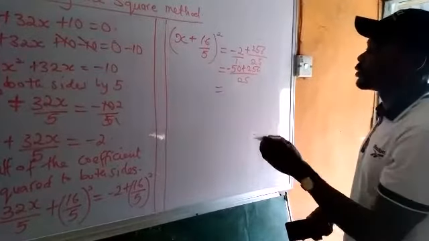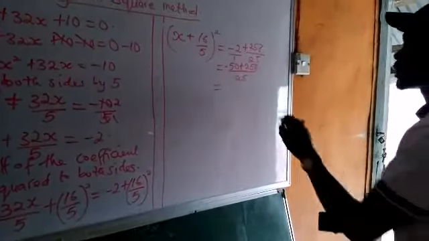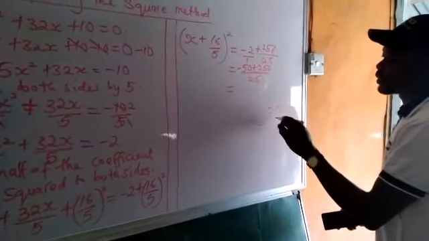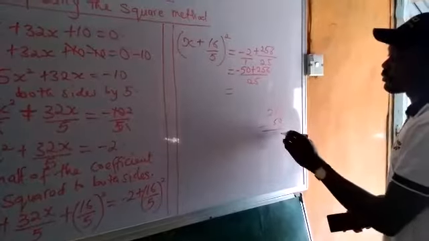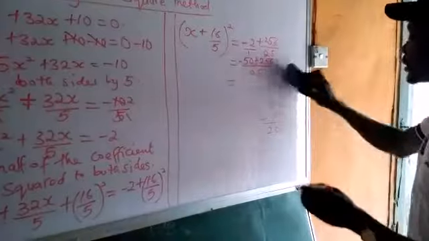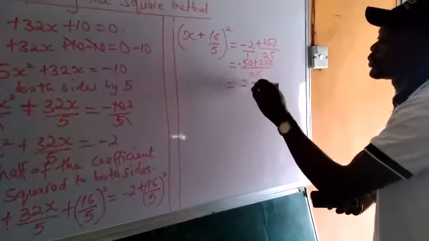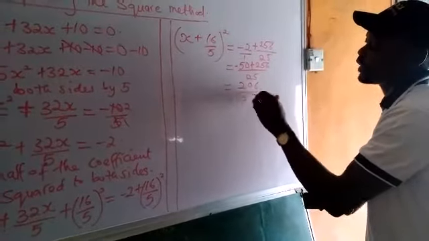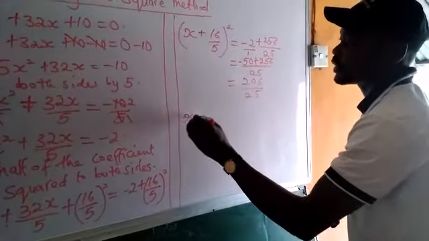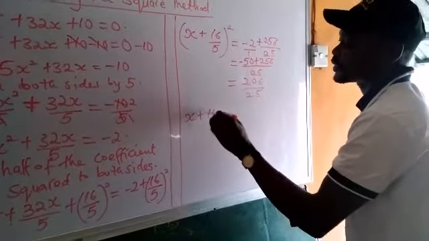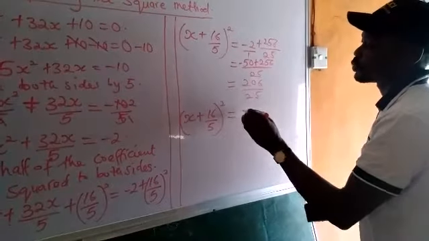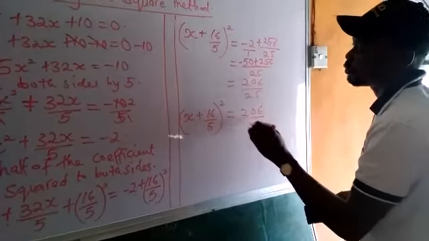And that will eventually give us 256 minus 50, which is 206 all over 25. So bringing our previous term, we have x plus 16 over 5 all squared equals 206 all over 25.